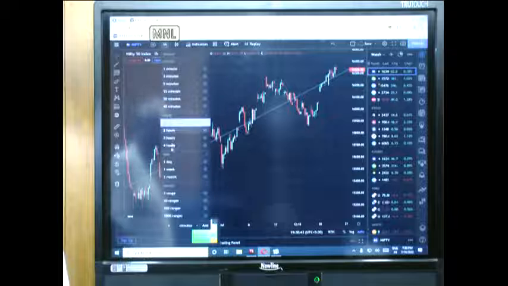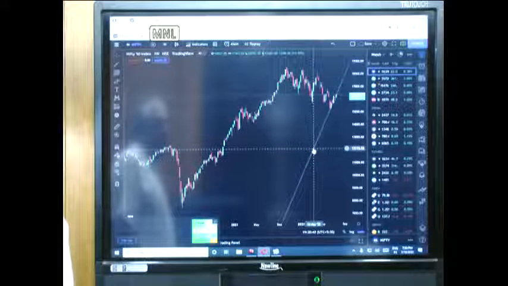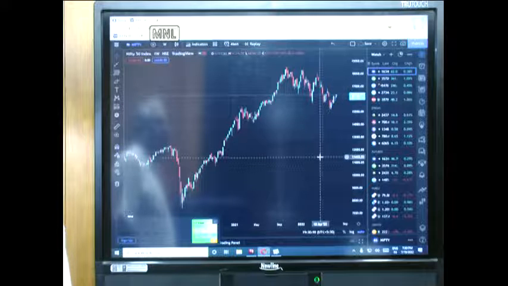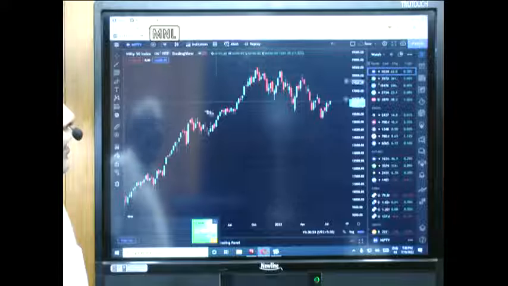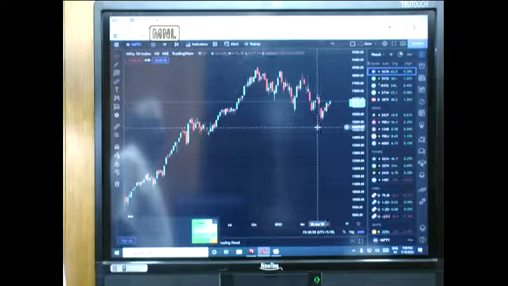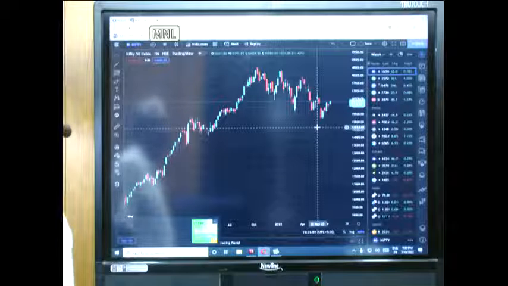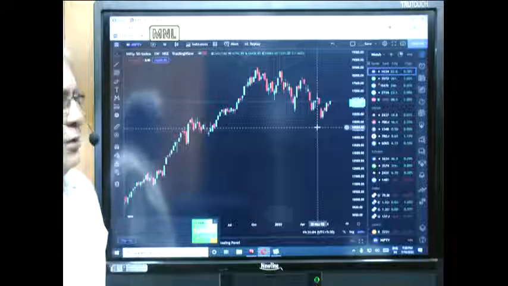But if you look at the big picture, let us say even in a weekly chart, we have seen normally the weekly range is something like 400-500 points. 400 to 500 points is the normal weekly range.